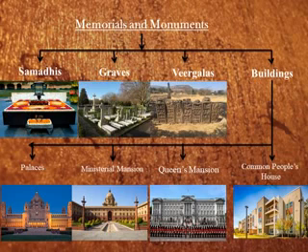Buildings include palaces, ministerial mansions, queen's mansions, and houses of common people. All these provide us with an insight about the period in which they were made. They give us an idea about the development of architecture and the quality of art in that particular period.